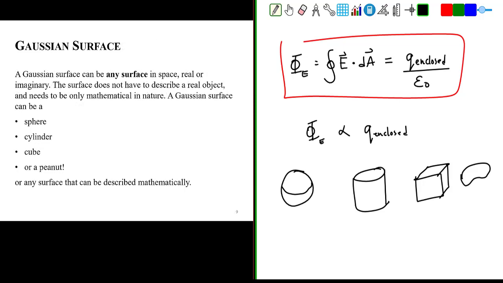And if you can describe that Gaussian surface mathematically, then the amount of charge inside that Gaussian surface can tell you the electric flux across that surface due to the electric field.